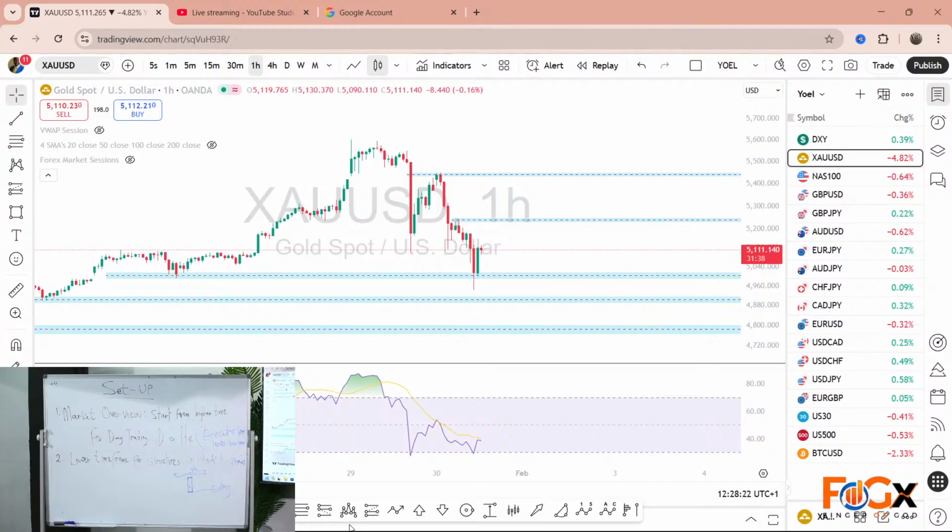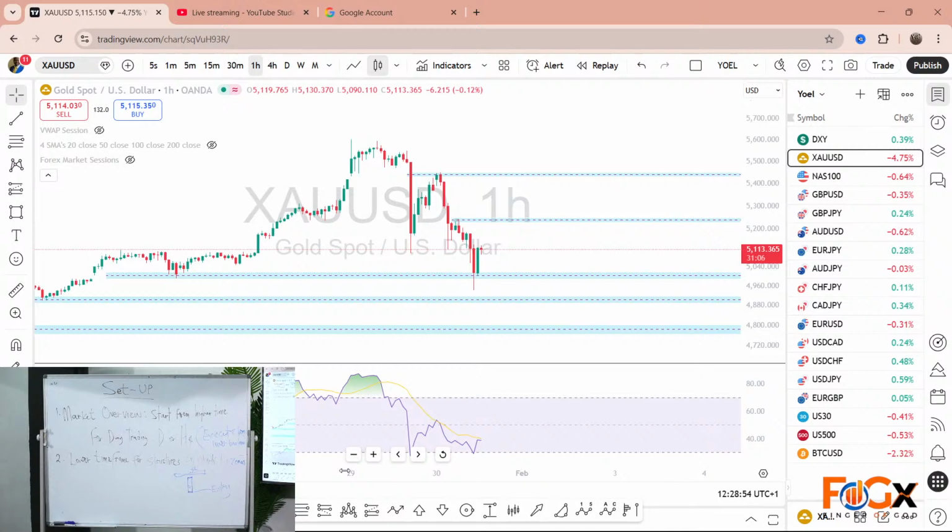Yes. So now this is 1 hour. You are still using 1 hour to mark structure, to understand your key areas. Now is not the time to sell because of this RSI as well. It's at oversold. Even if I'm beginning to think of selling, it has to come to this area, not where it is right now.